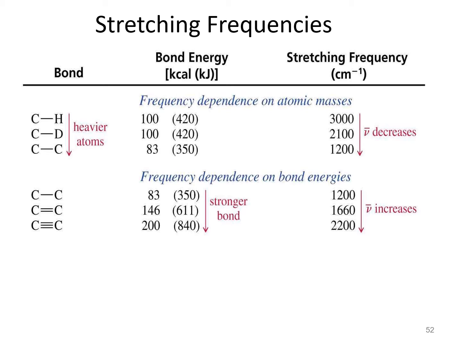Whereas in the case of bond strengths, as we go from the carbon-carbon single bond, which is weaker compared to carbon-carbon triple bond, the bond strength increases as we go downwards, so the frequency increases.